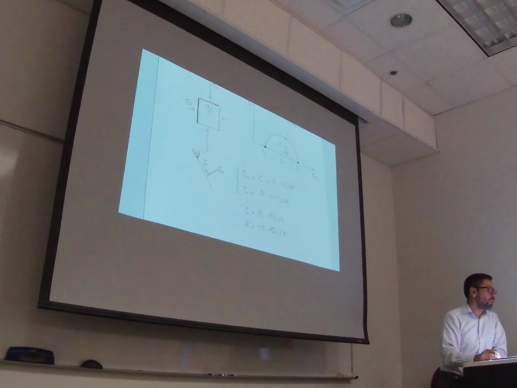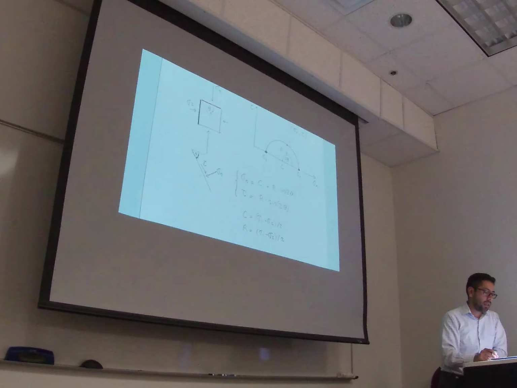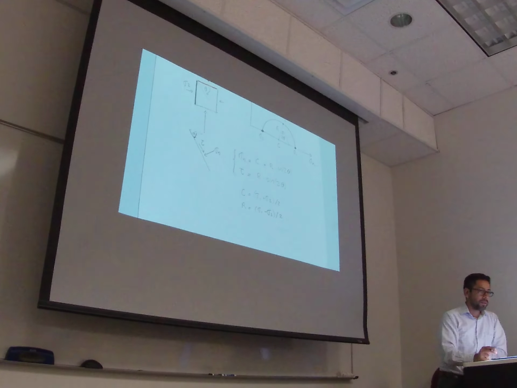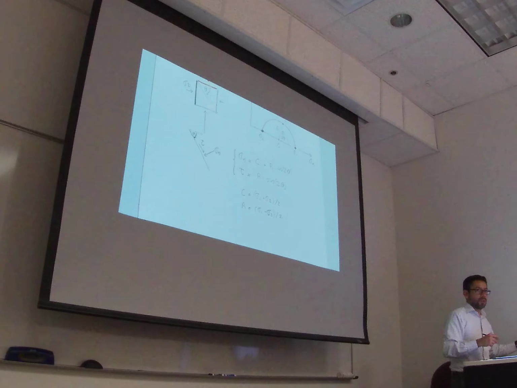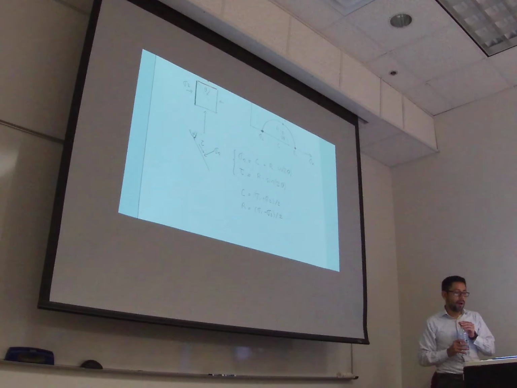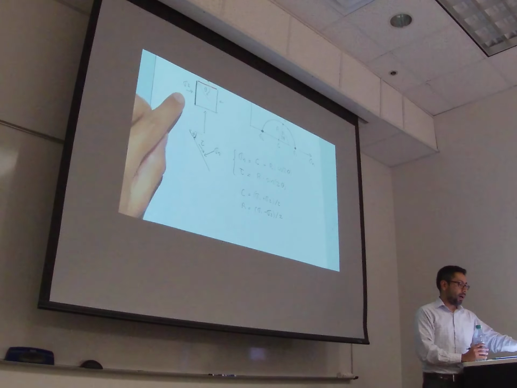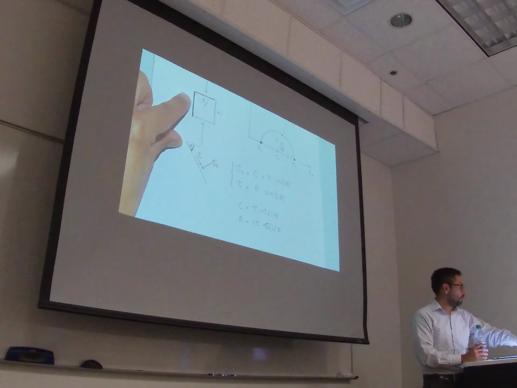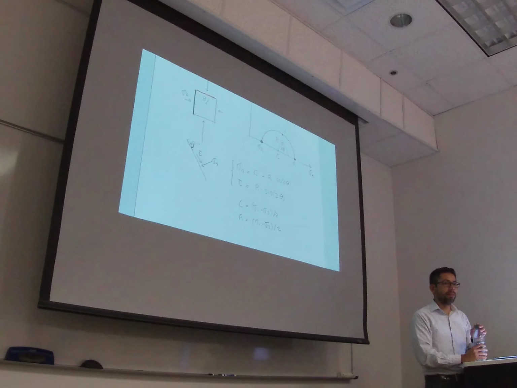Question here, where do I have the highest value of shear? Parallel to the surface? Yes, let me rephrase this to be more specific. At what angle theta do I have it? 45. At 45.